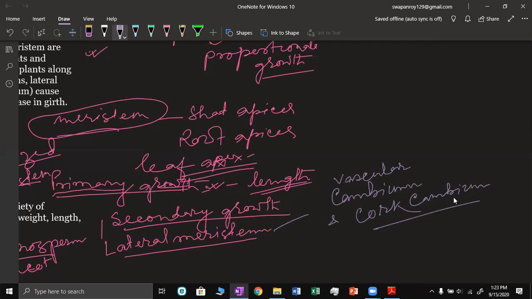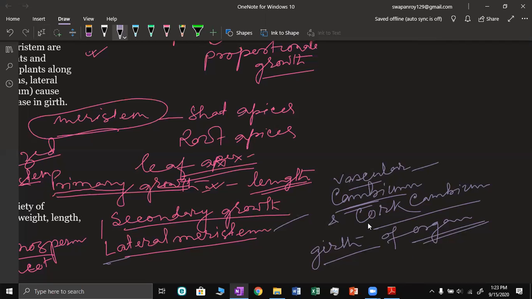This vascular cambium and cork cambium are present only in gymnosperm and dicot plants. Here their position is lateral, and they give rise to an increase in the girth of the organ, meaning the plant body increases in its diameter.